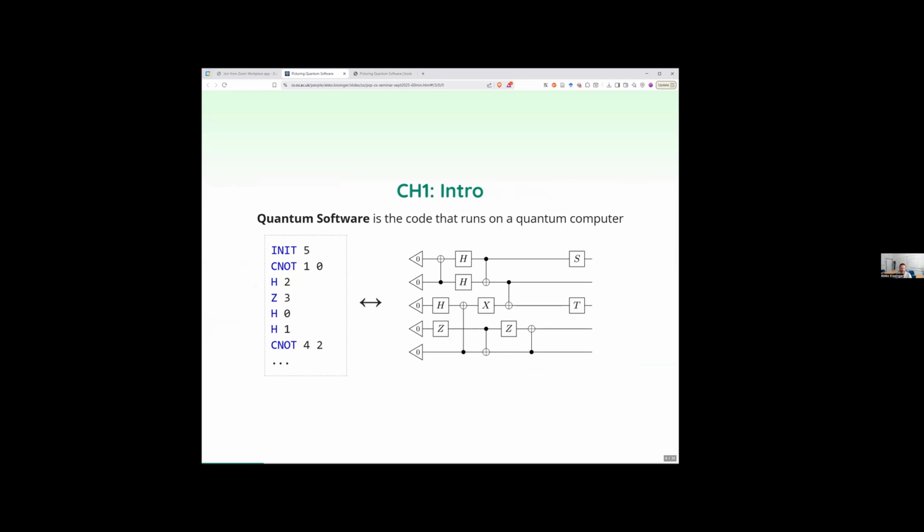That could mean a circuit or a measurement pattern, something like that. The scope of this book is quantum software, basically everything else besides algorithms. On the one hand, you have the algorithm, on the other hand, you have the hardware. And what this book is about is everything in between, so getting from algorithm to hardware.